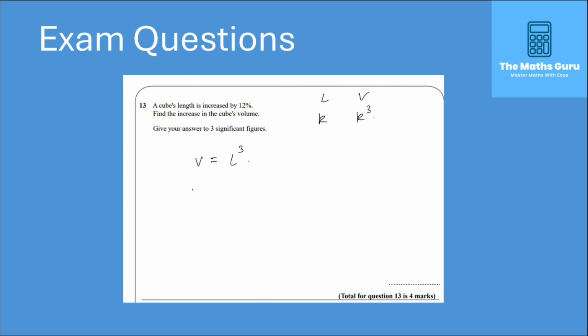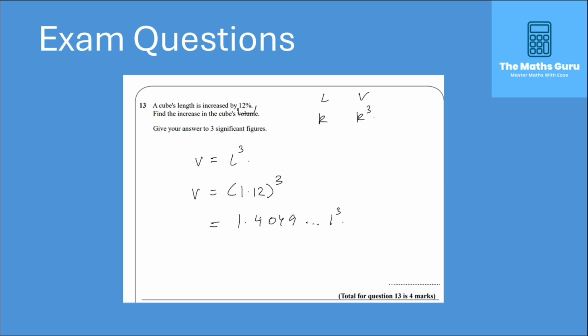So the volume is equal to, with a 12% increase for our length, that's going to be 1.12 as our multiplier, so 1.12 cubed, and this is going to be equal to 1.4049 etc. L cubed.